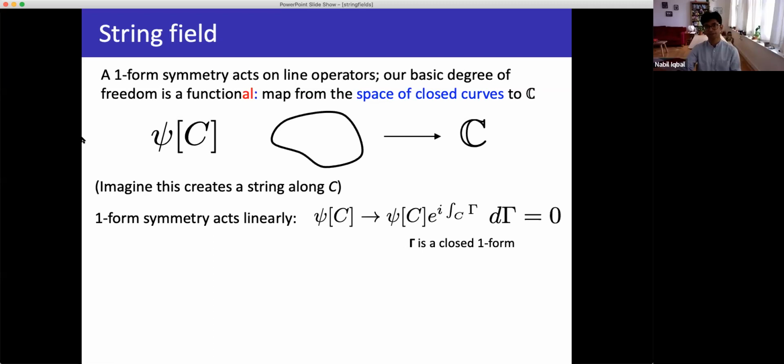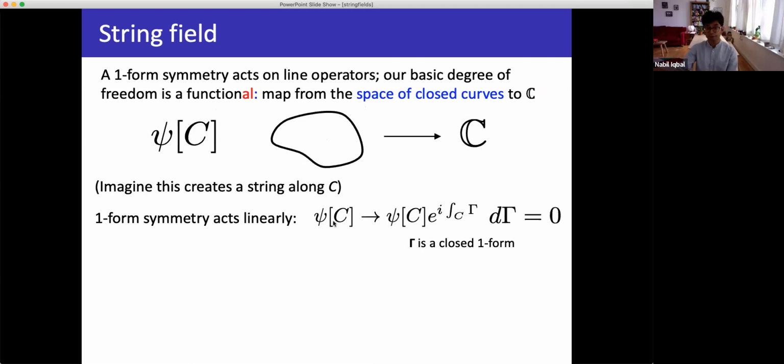So from now on, psi of c is going to take as an argument c, which is a closed connected curve, and it's going to spit out a number. This is my basic degree of freedom for the rest of this talk. And I'm going to call psi of c the string field. This is the one form analog of phi of x. You can imagine just like phi of x made a particle, psi of c creates a string.